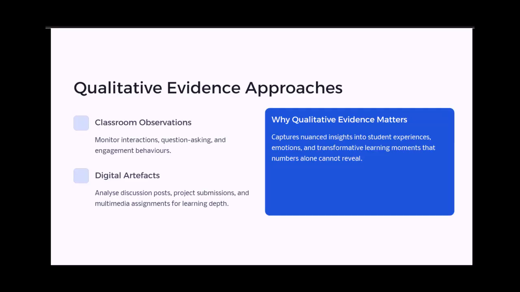So if a student's test scores have decreased, and when you interview the students, they might have been struggling with something particular at the time, or there might have been something wrong with their device, and it allows you to capture these nuanced insights. So using quantitative and qualitative data together is really important to get a bigger picture, and also looking at the perceived impact and the actual impact and how they compare with each other, and maybe the why behind those.